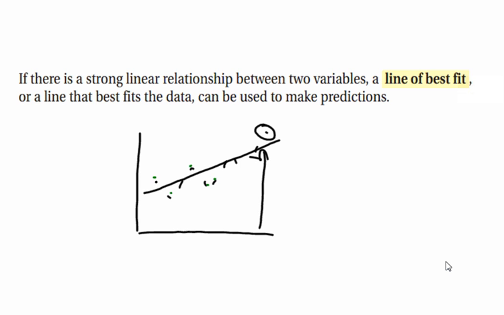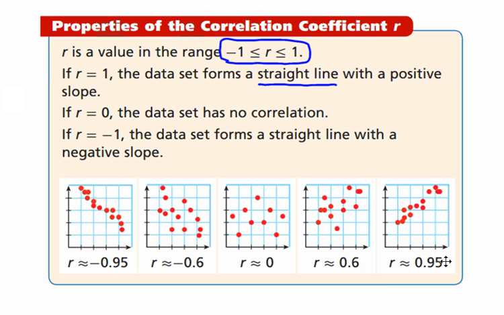The closer they are to being in a line, the closer your R value is to -1 or 1. If the R value is 0, which is right in the middle of this range from -1 to 1, then that means there's no correlation with the data.